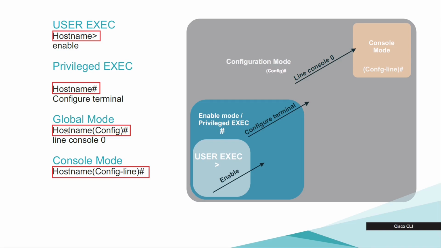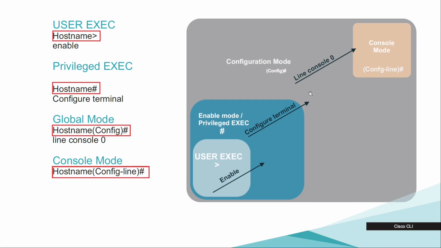Here we will see our host name and the word config between parentheses, and we have the pound sign. If we wish to move to one of the sub configuration modes, we can use the command, for example, line console 0. This command will take us to the console configuration mode. As you can see here, we have the host name, then config-line. So here we will find a short description of the sub configuration mode that we are in.